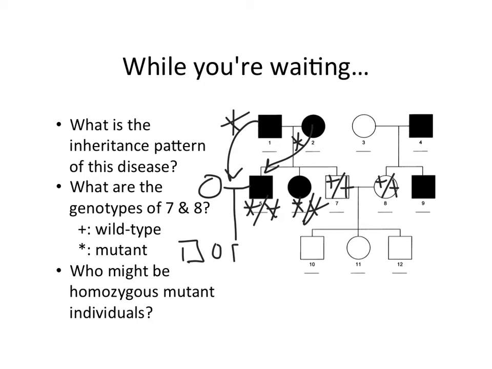So let's assume they've got 4 kids. So they're all going to have the disease or not have the disease? They're all going to have it. They had to get one dominant mutation from the dad if the dad's homozygous for the mutation.